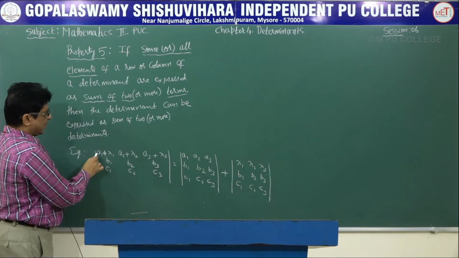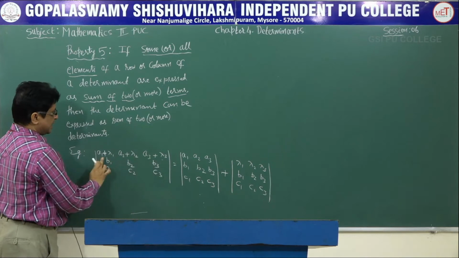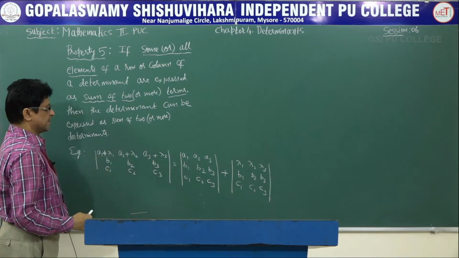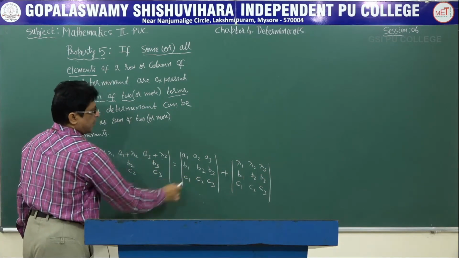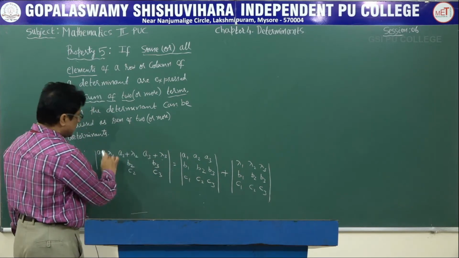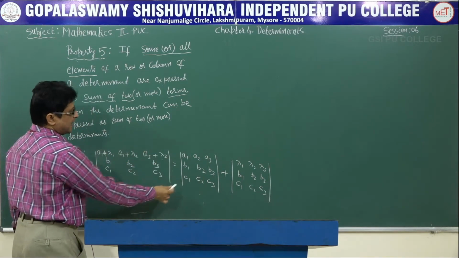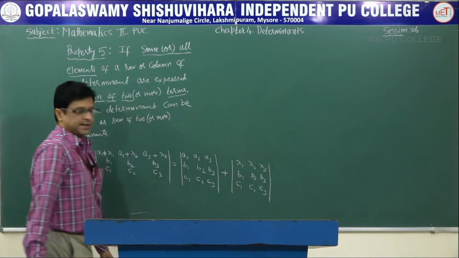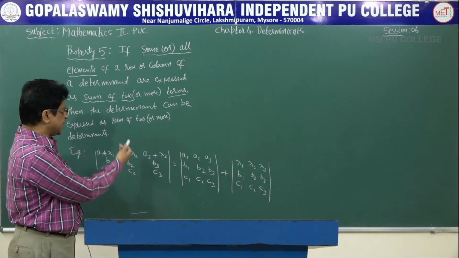Actually here we have expressed the first row as sum of two terms, but finally we have arrived that the determinant can be expressed as sum of two determinants. Let us verify this property.